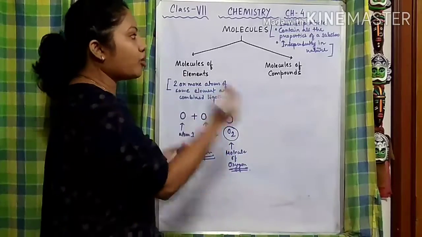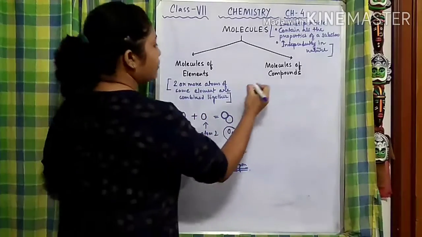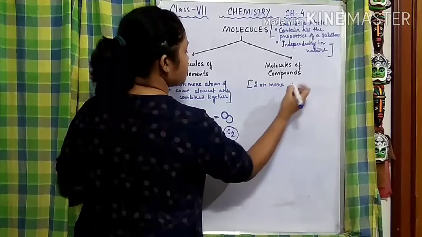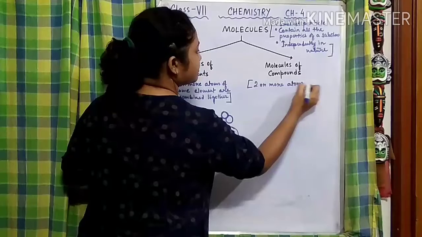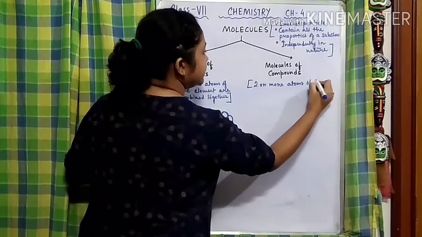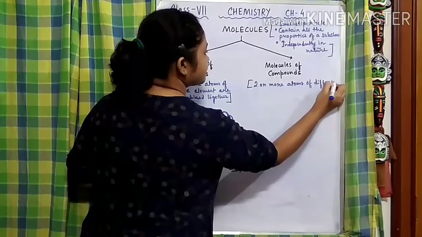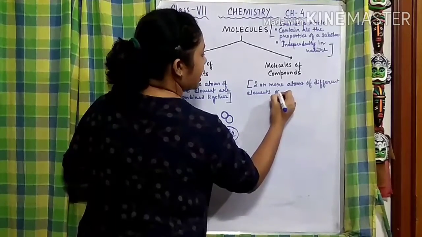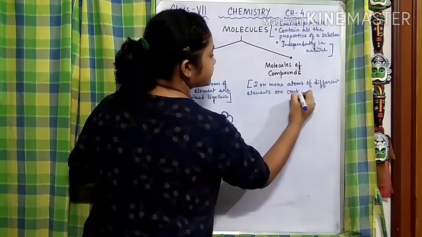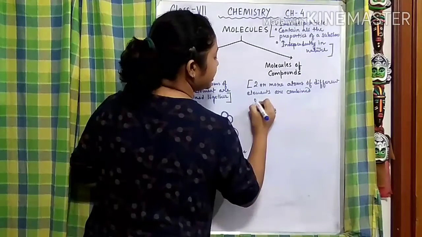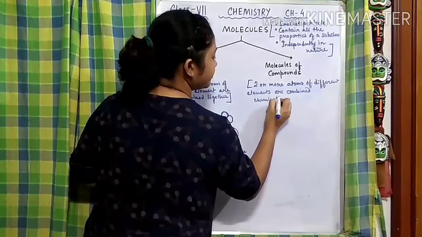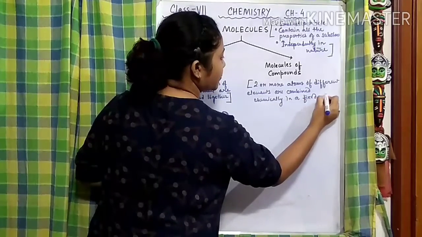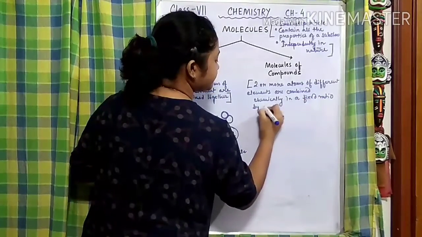Now exactly opposite of this can be what? When two or more atoms of different elements are combined chemically in a fixed ratio by mass.